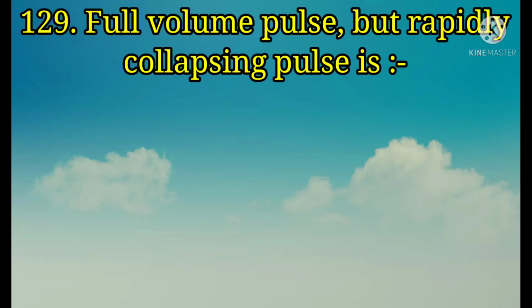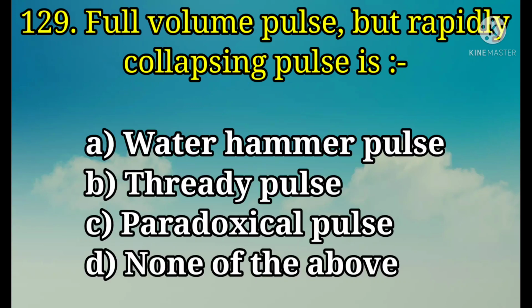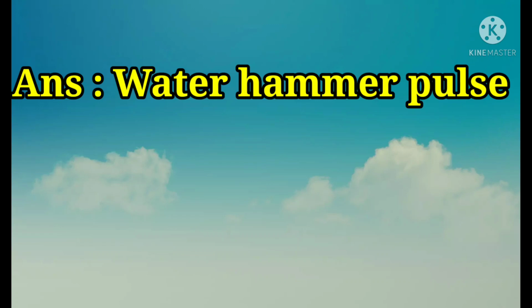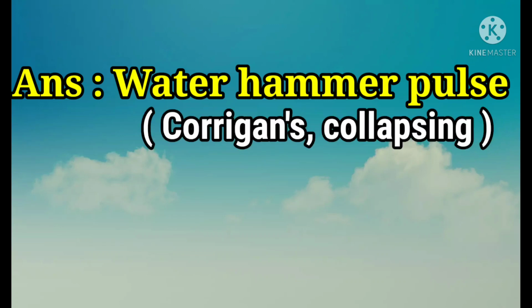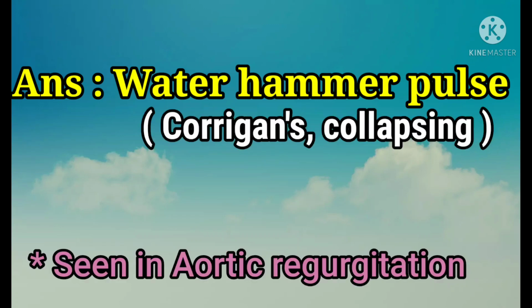And the next question, full volume pulse but rapidly collapsing pulse is, the options are water hammer pulse, thready pulse, paradoxical pulse, none of the above. And the answer is water hammer pulse, otherwise called Corrigan pulse or collapsing pulse, seen in aortic regurgitation.